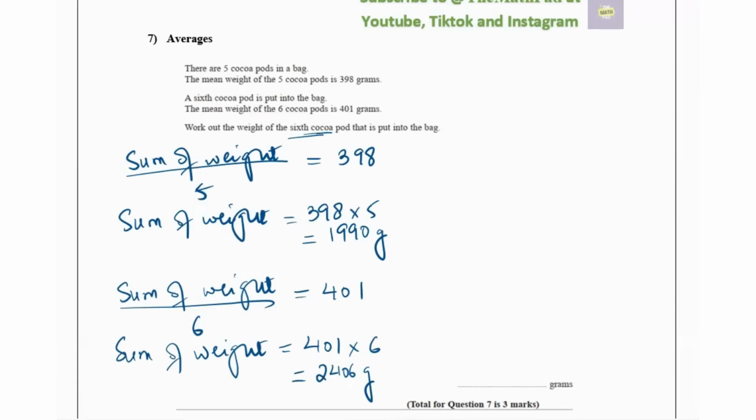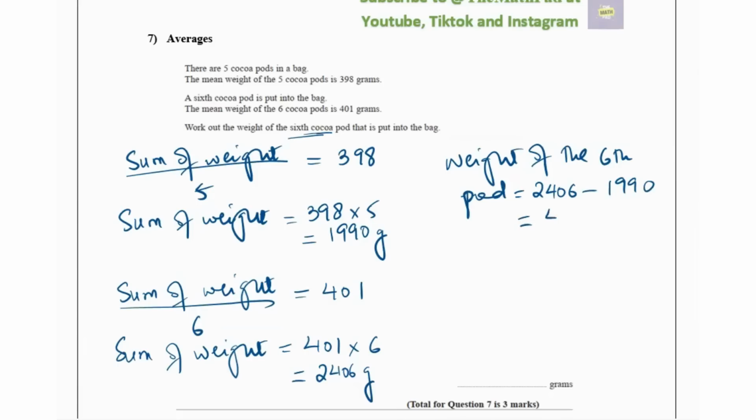So for that, we subtract these two. So weight of the 6th pod would be 2,406 minus 1,990, which gives us 416 grams. That is your weight of the 6th cocoa pod.